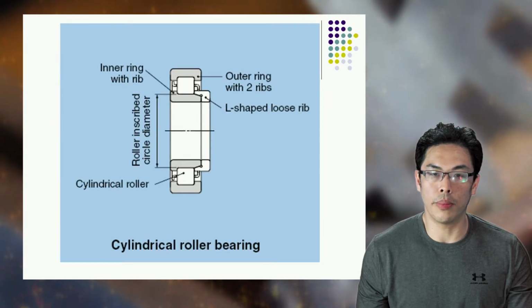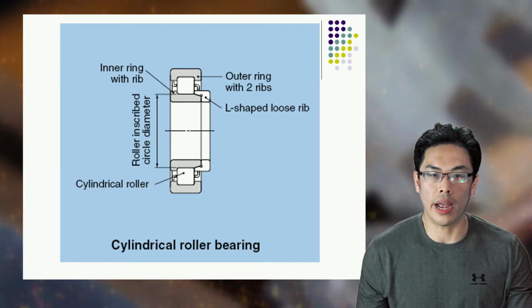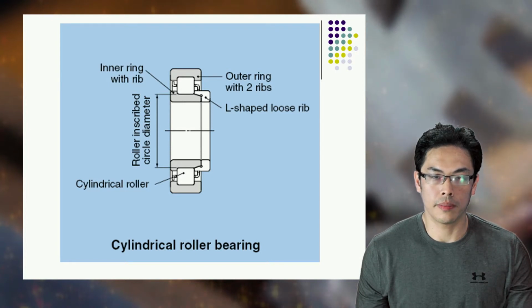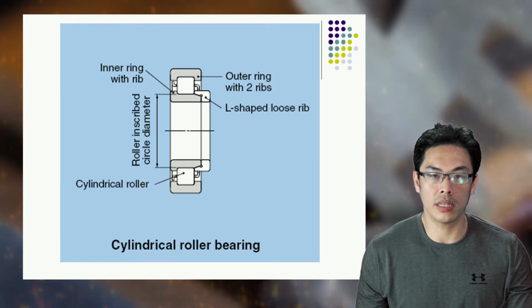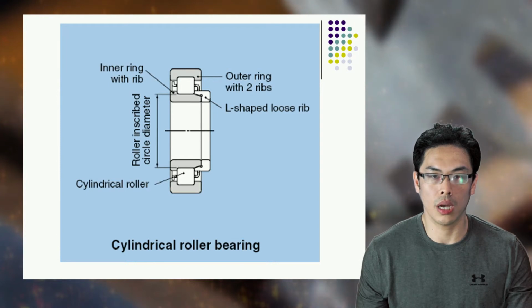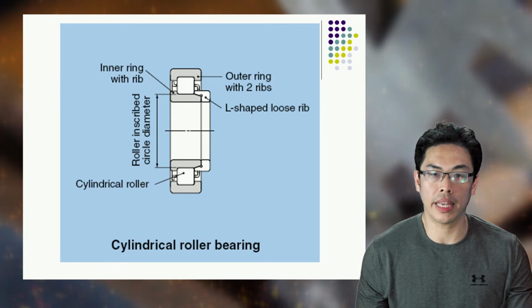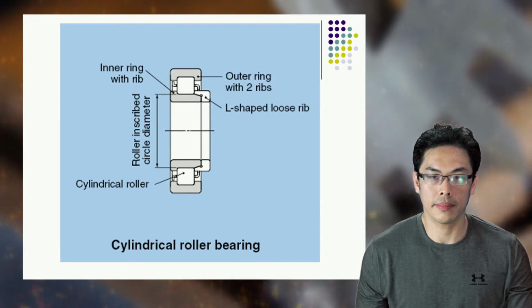Cylindrical roller bearings are designed to carry heavy radial loads. These bearings are made with a single row, two rows, or multiple rows of rolling elements to meet an application's radial load requirement.